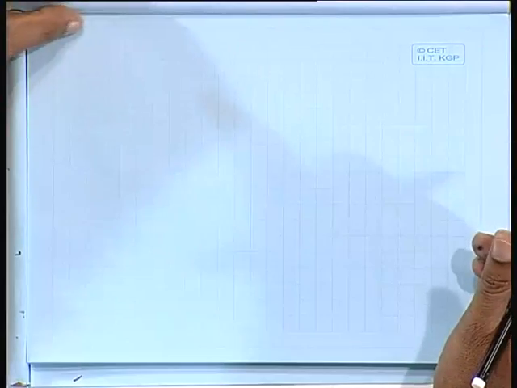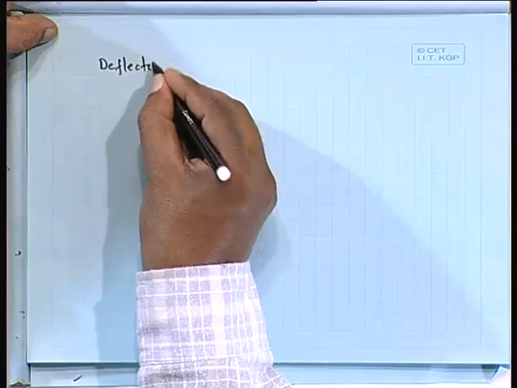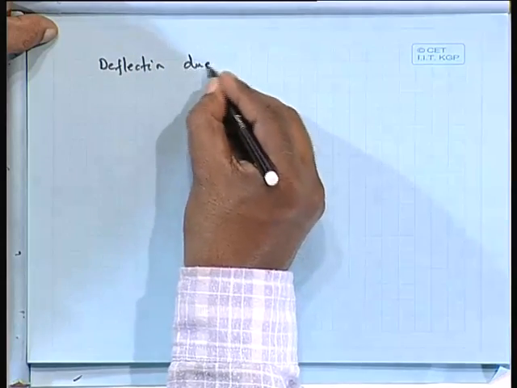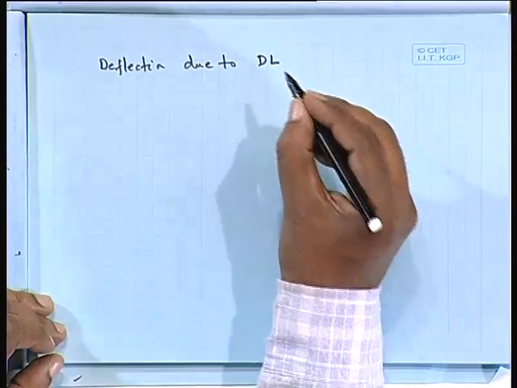Number 1, deflection due to dead load, that is the permanent load.